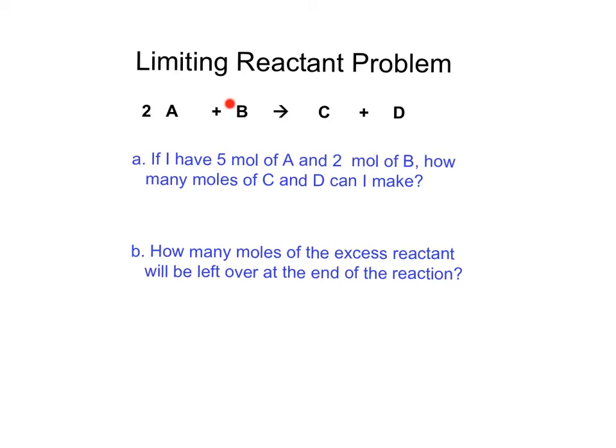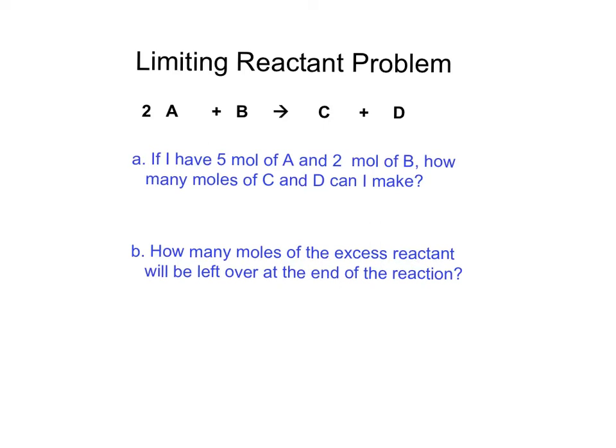And then since it's 1-to-1 and you have 2, you'll end up with 2 moles of C. It's 1-to-1 here, so 2 moles of D as well. How many moles of excess reactant will be left over? You have 5. You're going to use up 4, so you're going to have 1 left over for that one.